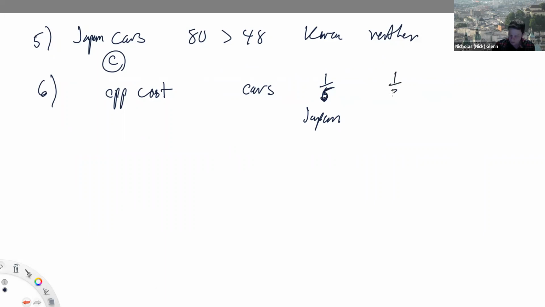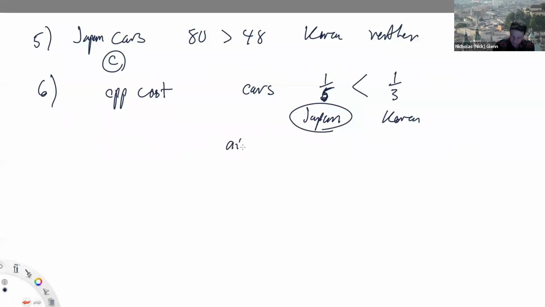And what about Korea? Well, it was 1/3 of an airplane. All right. So Japan has a lower opportunity cost. It only costs them 1/5 of an airplane versus 1/3 for Korea. So Japan has a comparative advantage in producing cars.